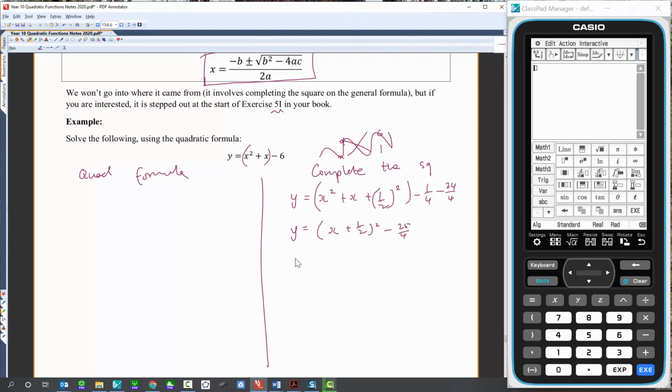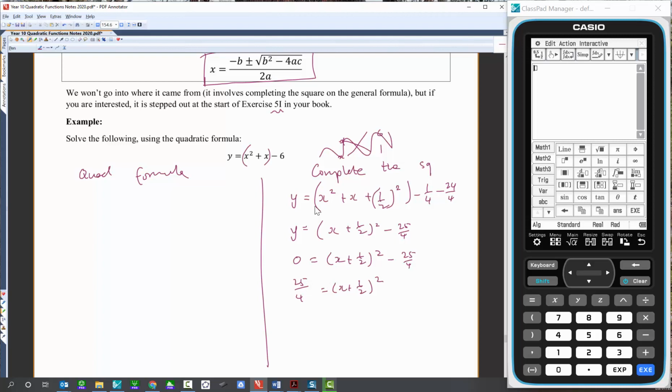All right, now what we're going to do to solve it is the x-intercepts occur when y is equal to 0. So let's replace y with 0. And then what we'll do is add 25 over 4 to both sides. I think this has got rational solutions.